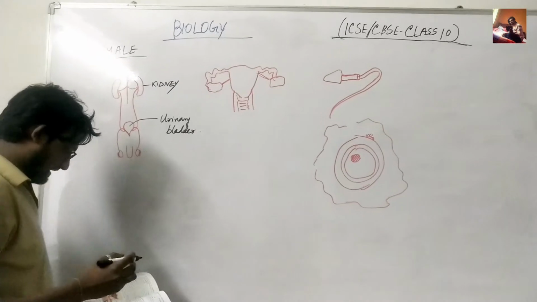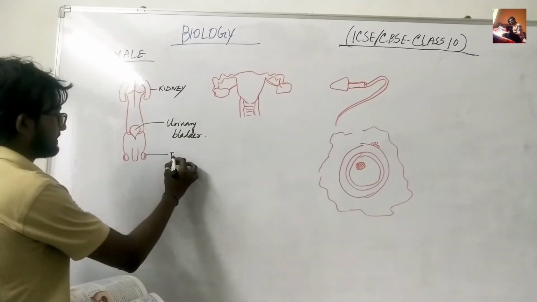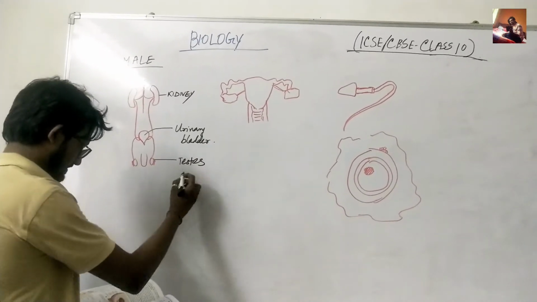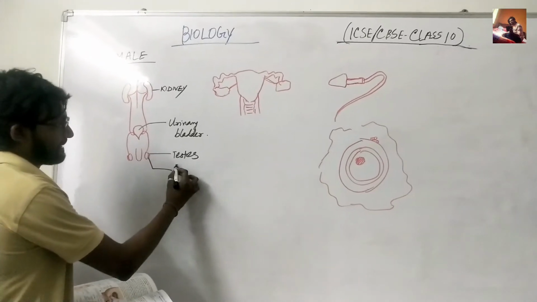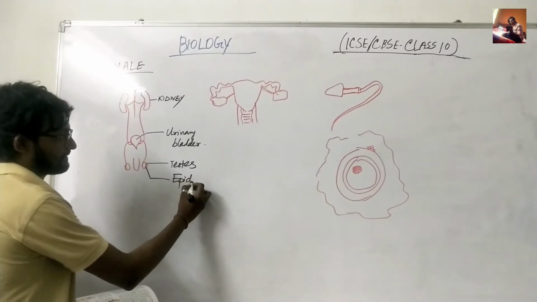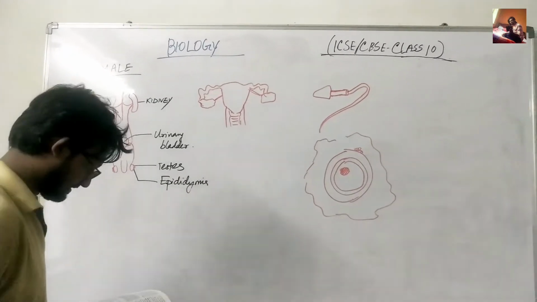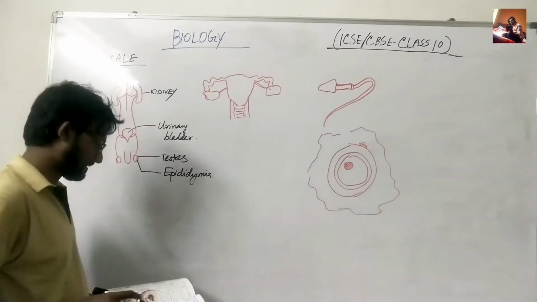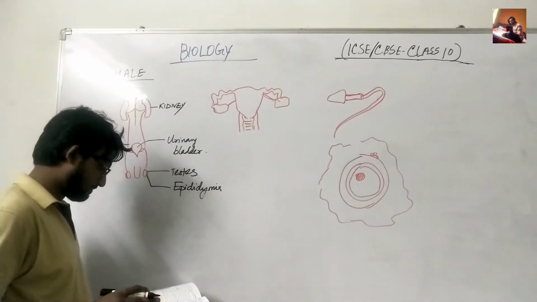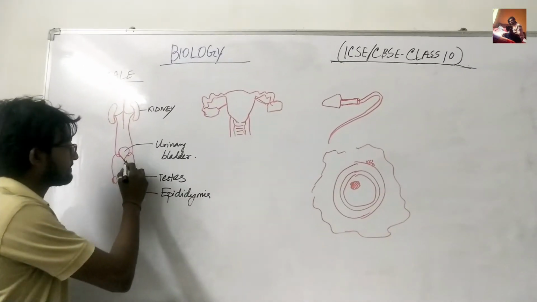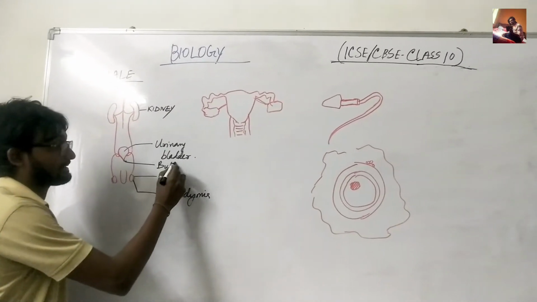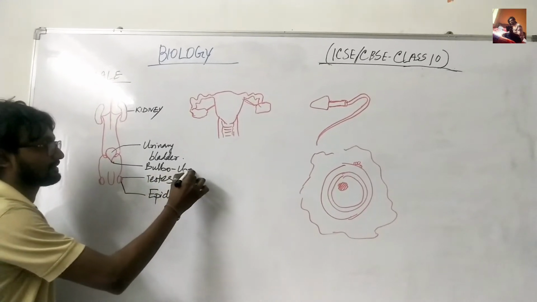And these are the testes, as you can guess, and the covering of the testes is the epididymis. Now coming to the bulbourethral gland, this is the bulbourethral gland. These are all the accessory organs that I have told you.